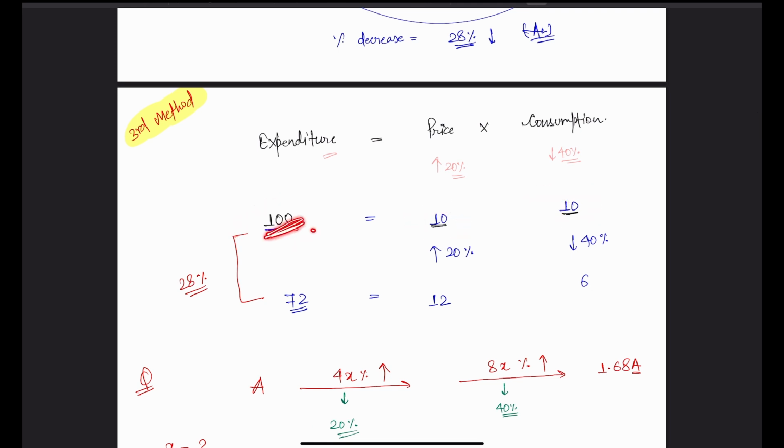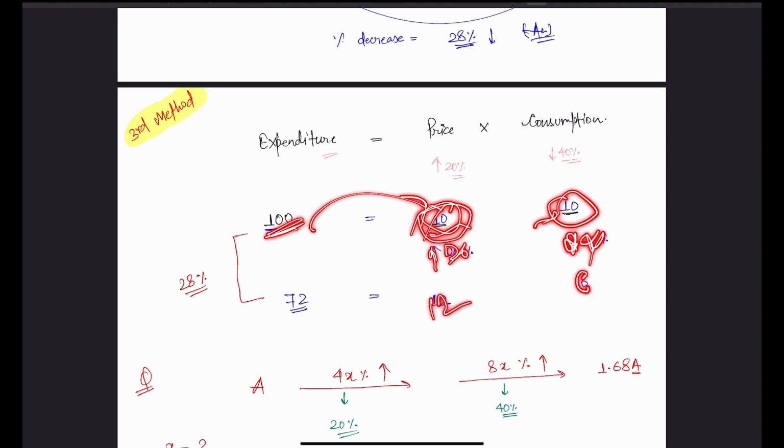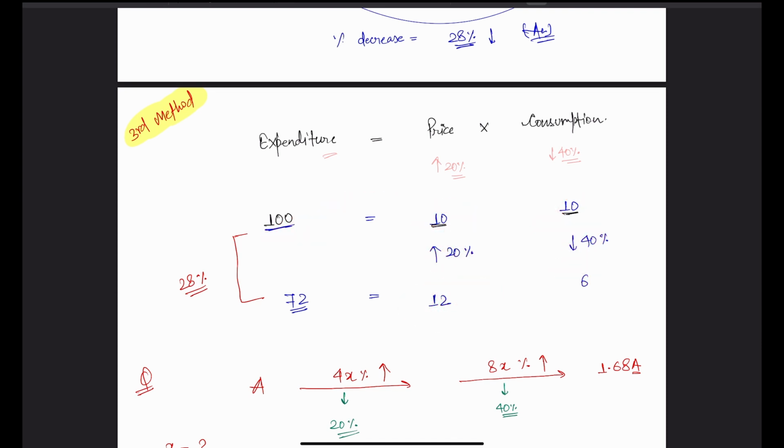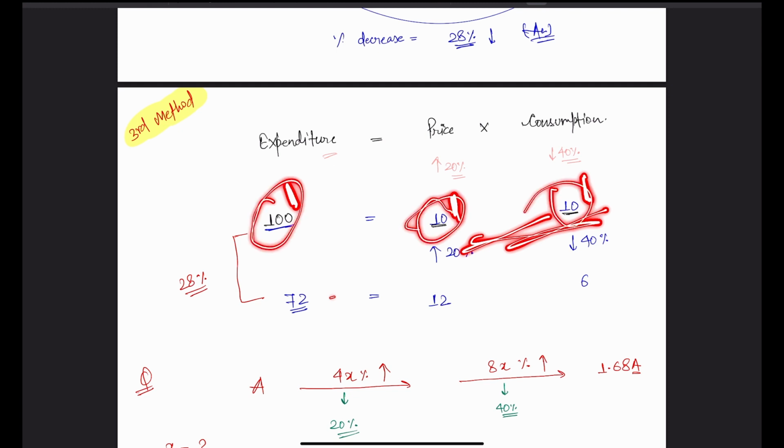Instead of increasing, what I am doing is dividing into two parts, 10, and increasing on each one. So this 10 increasing by 20% will become 12, and this 10 increasing by 40% will become 14. So we have already performed this type of operation, but see, whatever I have done over here, if I think that our expenditure is 1, price is 1, consumption is 1, there is no issue. But in terms of 100, it is dividing into 10 and 10. But in 1 it is 1, so every place is equal.